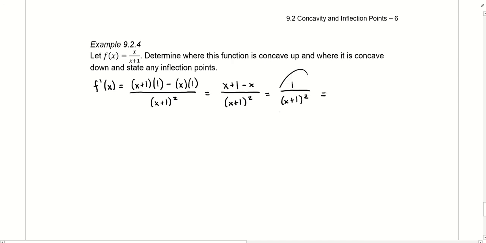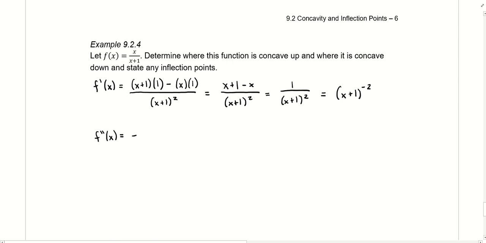Now I'm going to need to take the derivative of this to get my second derivative, so I'm just going to make my life a little bit easier so I don't have to use the quotient rule again. I'm just going to write this as an expression with an exponent. So 1 over x plus 1 squared is equivalent to x plus 1 raised to the negative 2, which makes taking this second derivative a little bit easier. I can just use the power rule, technically with the chain rule.